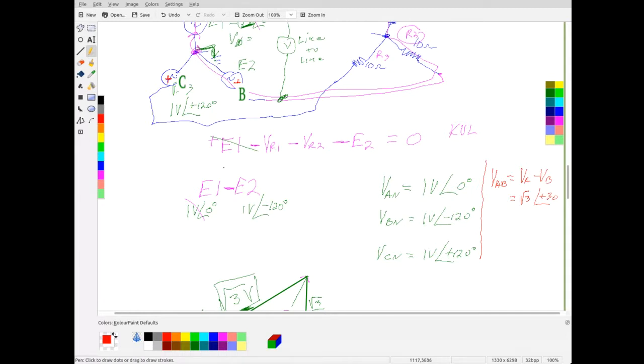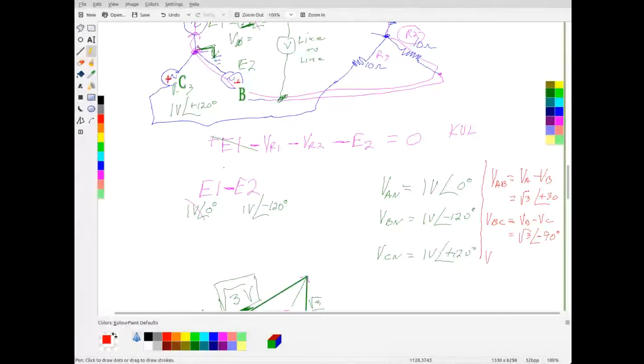And then the voltage VBC is VB minus VC, which ends up giving me the square root of 3 at an angle of minus, it's a 30 degree phase shift, so it's going to be minus 90 degrees.